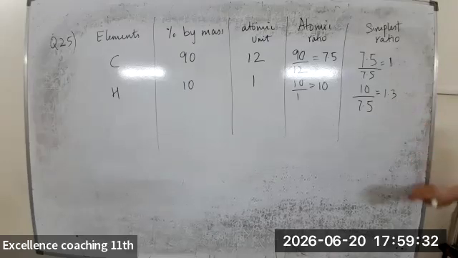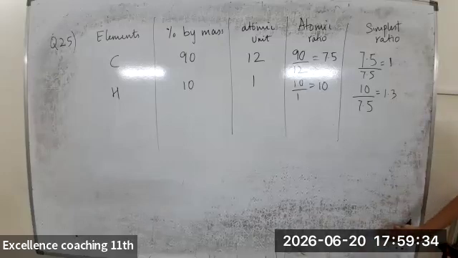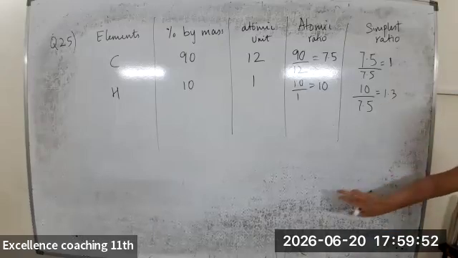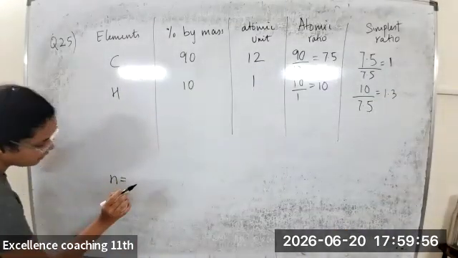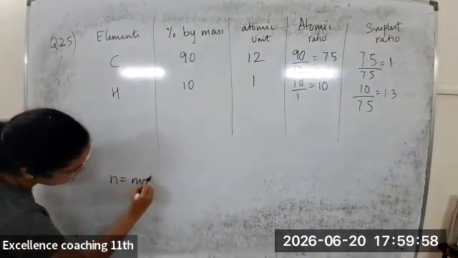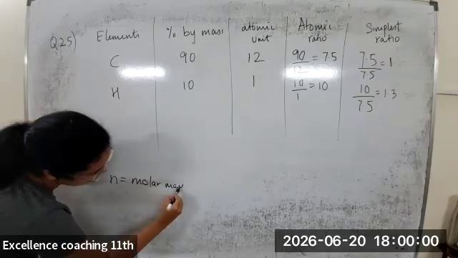But here, like I had said, the down part, when you find N, that is your molar mass upon empirical mass, whatever value you get, we can round it off. But here you can't.